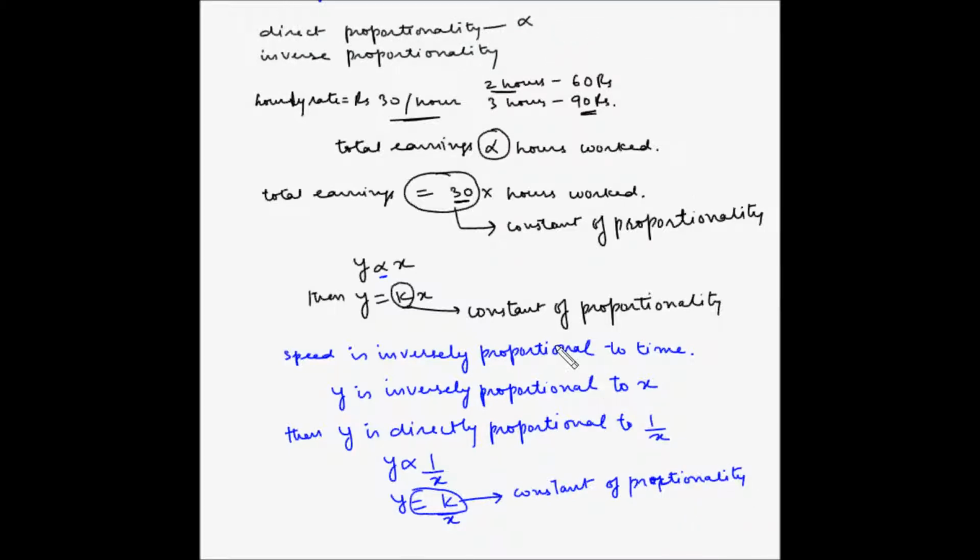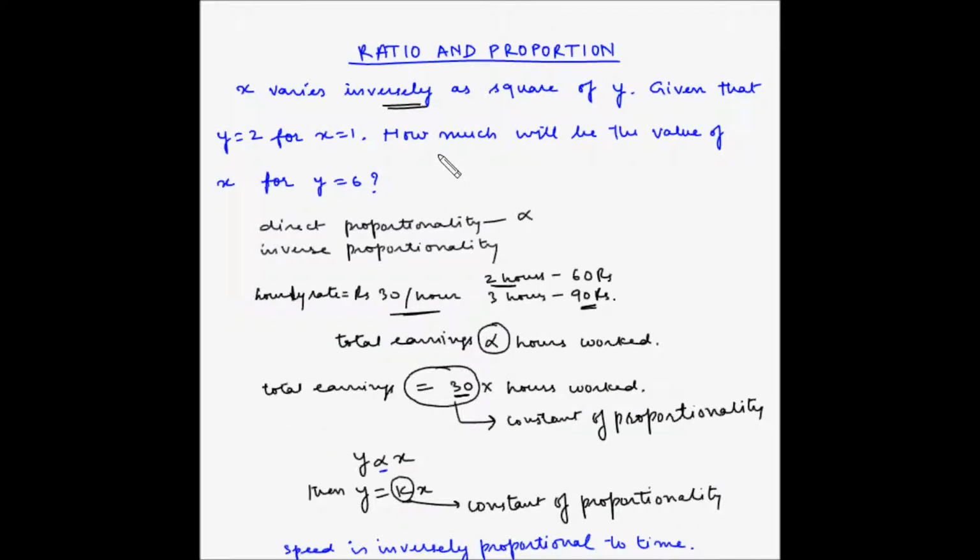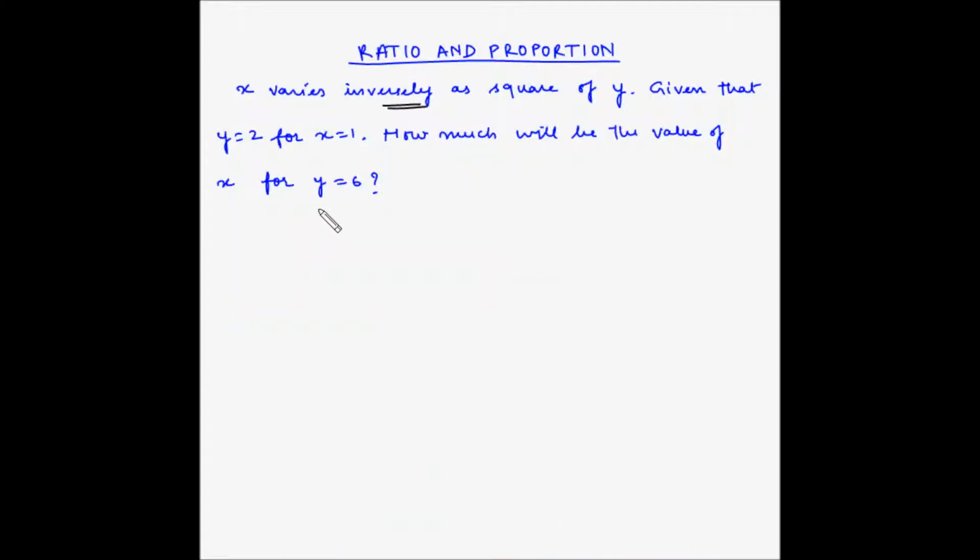So with these concepts, let us solve this example. So here we have been given that x varies inversely as square of y. So x is inversely proportional, so that means it is directly proportional to 1 by square of y. Now we can remove this proportionality sign and add a constant of proportionality.